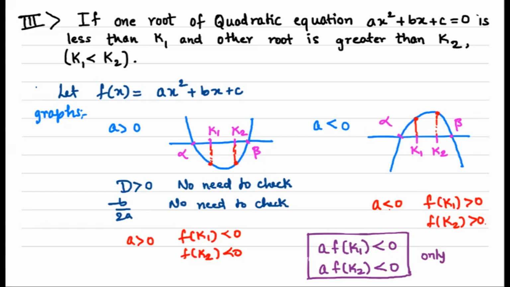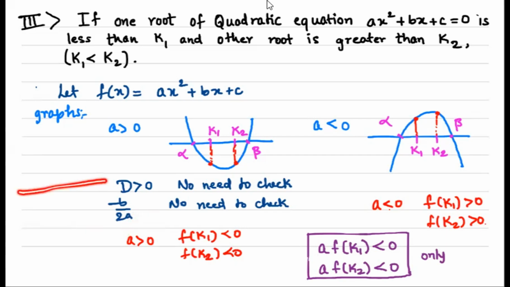Now, one might think that f of k1 is positive, f of k2 is positive, isn't it? So the product of f of k1 into f of k2 should always be greater than 0, right? But that is not actually true. If you see a graph, what I'm trying to say here is f of k1 into f of k2, since both are positive, their product is positive, right?